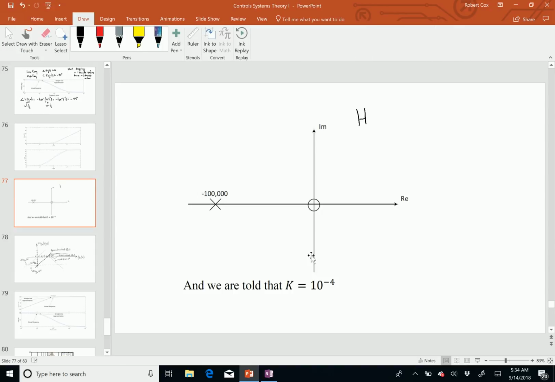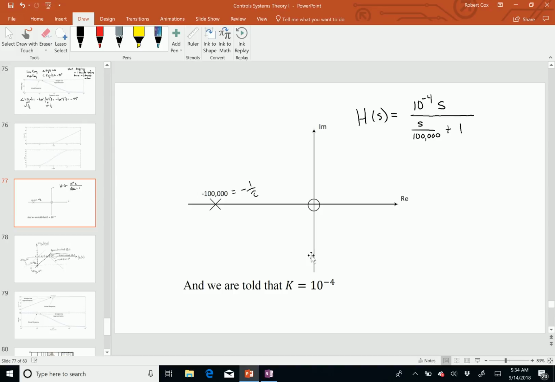I can tell for him that H of s better be 10 to the minus 4 s, that's the zero at the origin, over, looks like, so this is my negative 1 over tau. Okay, so I'm going to say s over 100,000 plus 1, right? So my tau is 1 over 100,000 like that.